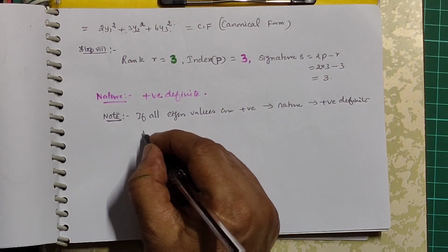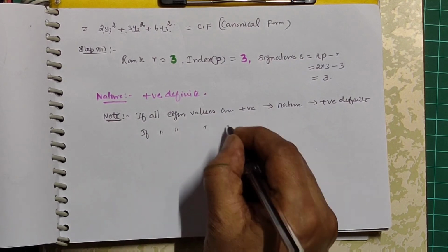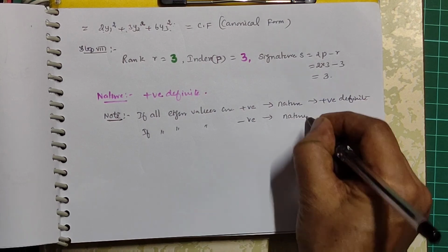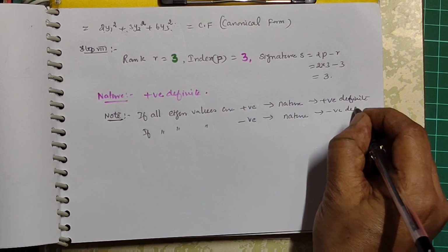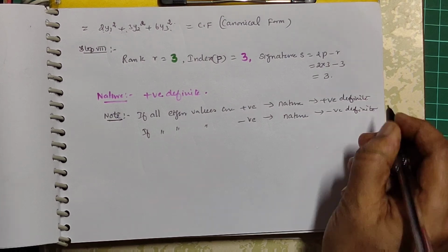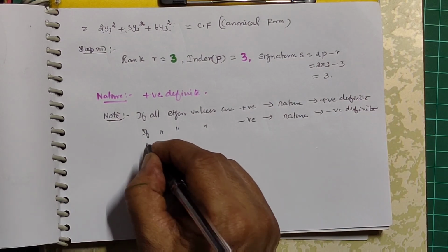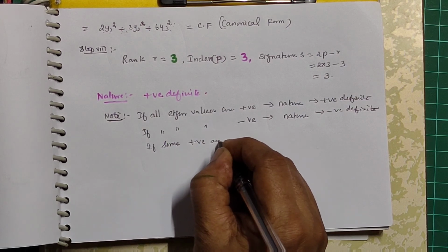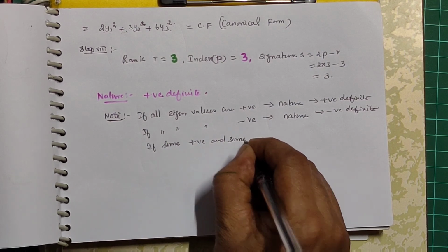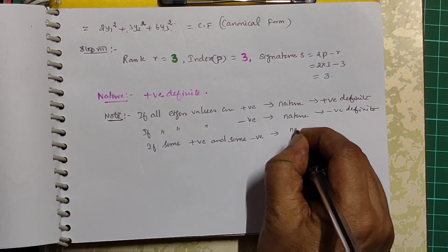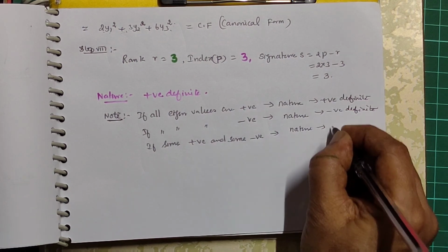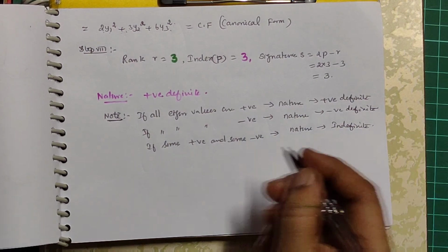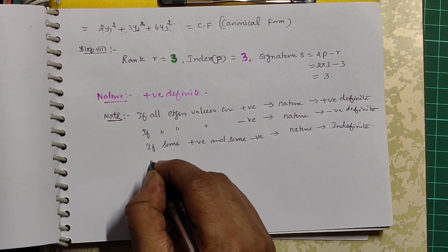If all eigenvalues are negative, then the nature is negative definite. If some are positive and some are negative, then the nature of the quadratic form is indefinite. There are 2 more cases.